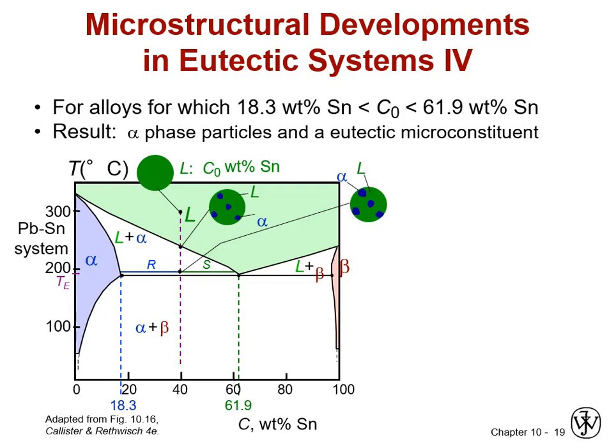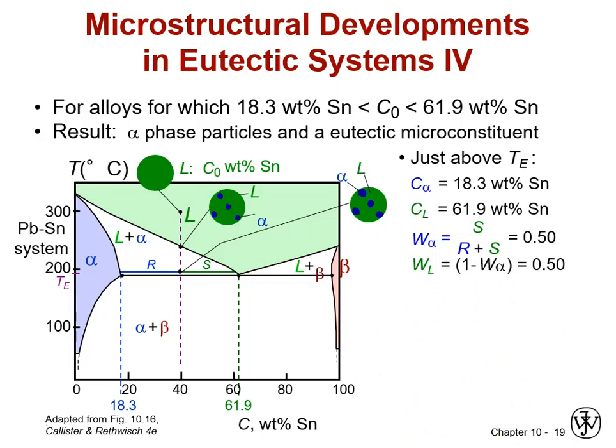And now we are right above the eutectic temperature. So when we cool down below TE, shown in purple on the left-hand side, all of the liquid in the green is going to go through the eutectic transformation and form that beautiful lamellar structure and consume all the remaining material.